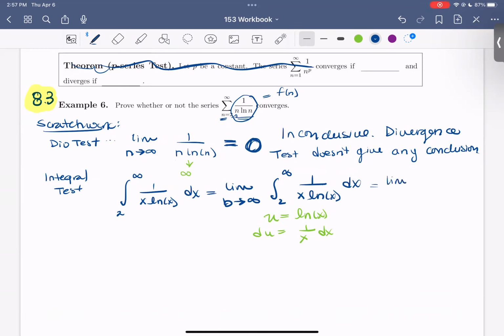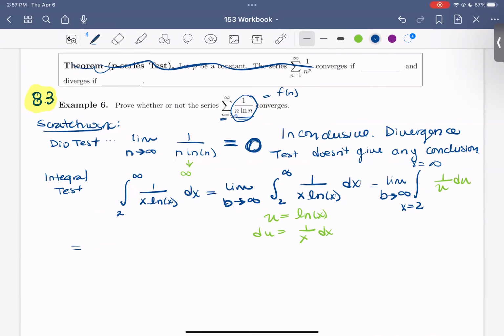I'm not going to change my bounds of integration here. I'll let them continue to be x equals 2 to x equals b, just because I'm going to move everything back into x world anyway. I don't need to change the bounds when using the u sub. I probably don't even need to go into detail here, but I'm doing this extra step for us.